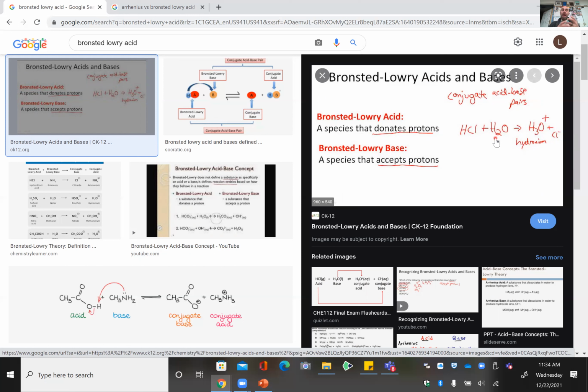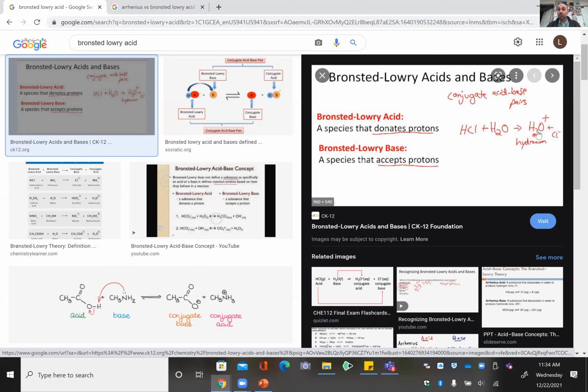As the reaction occurs, things change, and a hydrogen or a proton jumps from here to here, leaving now the hydronium ion. This hydronium ion could in turn donate its proton to the chlorine in order to form hydrochloric acid again.